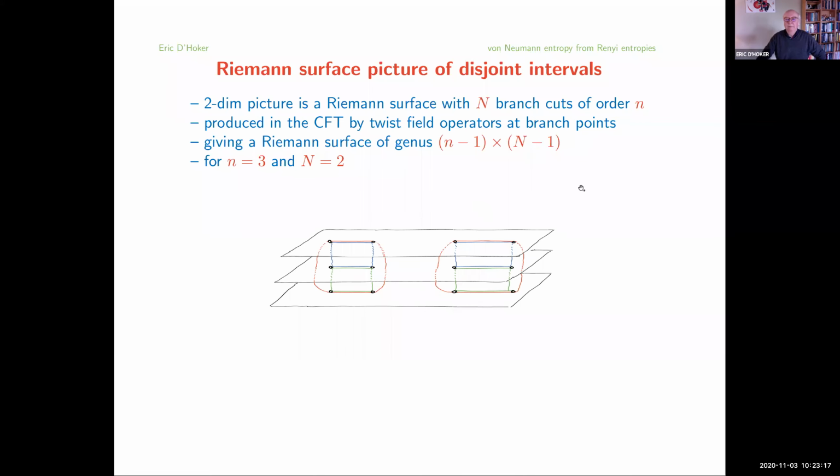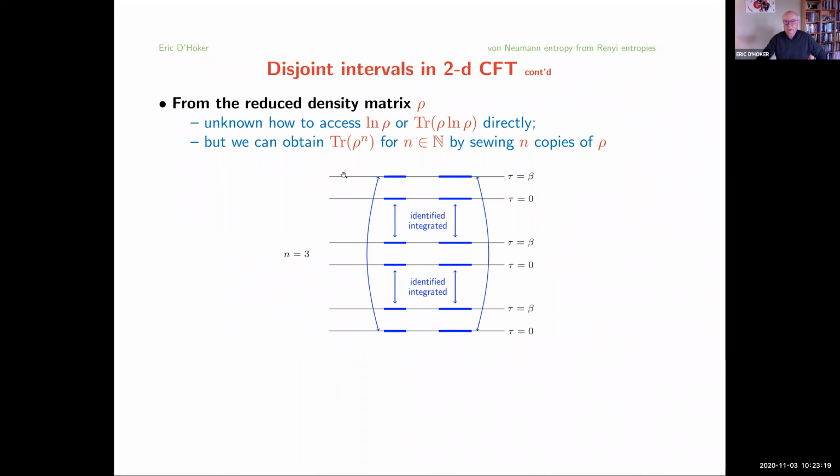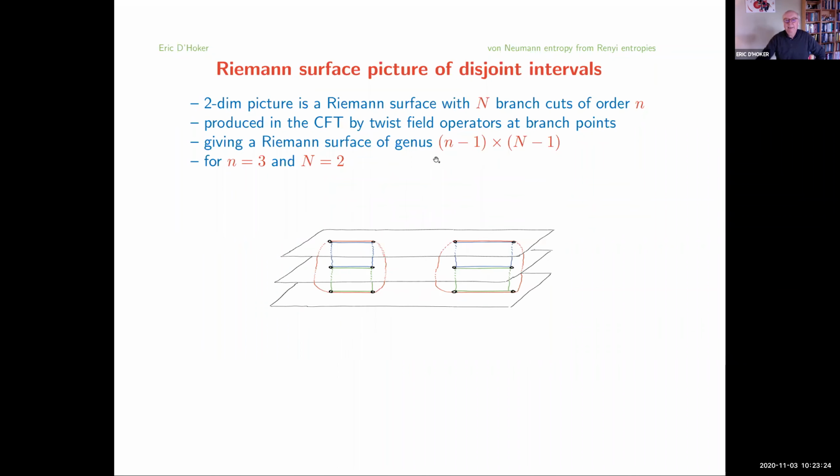This was of course the picture for just space. If I make a picture of this in two-dimensional space-time, then the intervals A, these two components that make up A, actually become branch cuts.